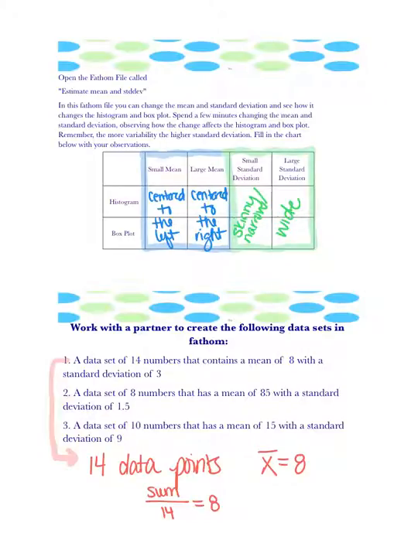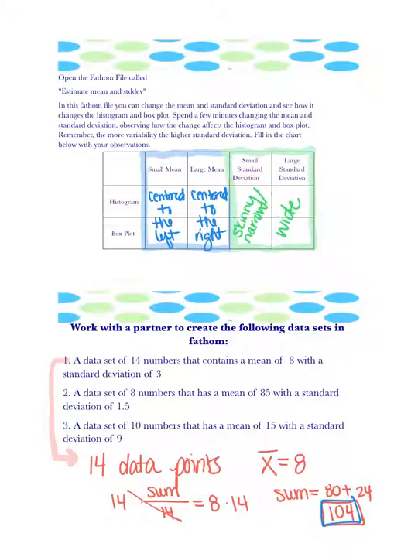So if I was going to solve for that sum, I'd multiply by 14 on both sides. So I know that these numbers have to add to be, let's see, 8 times 10 is 80, plus 8 times 4 is 24. So they have to add up to be 104. So you're looking at 14 numbers that add up to be this 104.